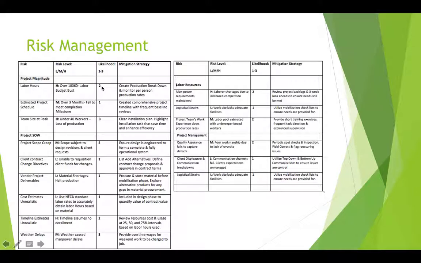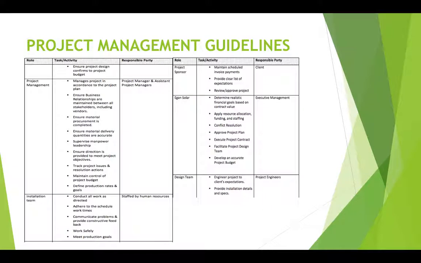The likelihood of this happening is a 2, which means we need to give this special attention because it will create a production breakdown. So how we're going to mitigate that is we are going to monitor production rates, and we'll get into the processes that we're going to apply to all of these risks further along.